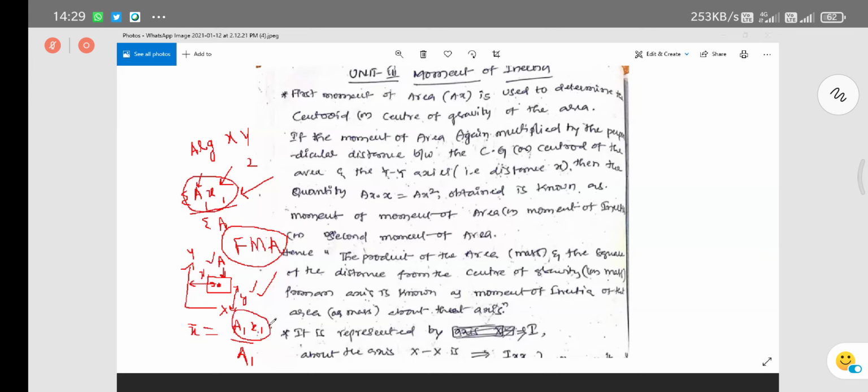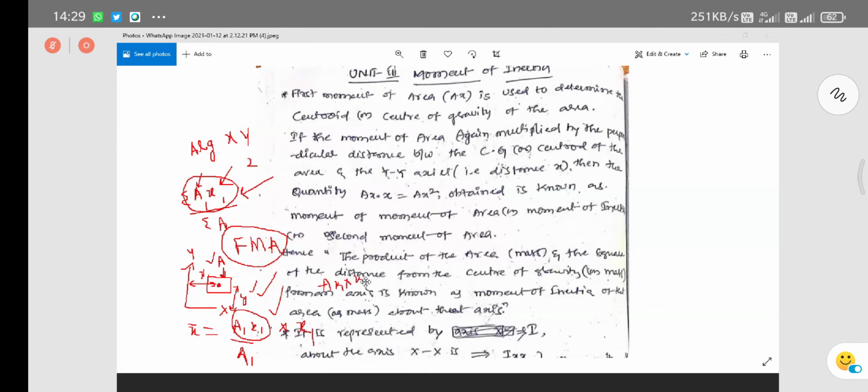First moment. Okay. So if another perpendicular distance with respect to the x axis is there, this is our total moment, again multiplied with the perpendicular distance, area into x1 into x1.